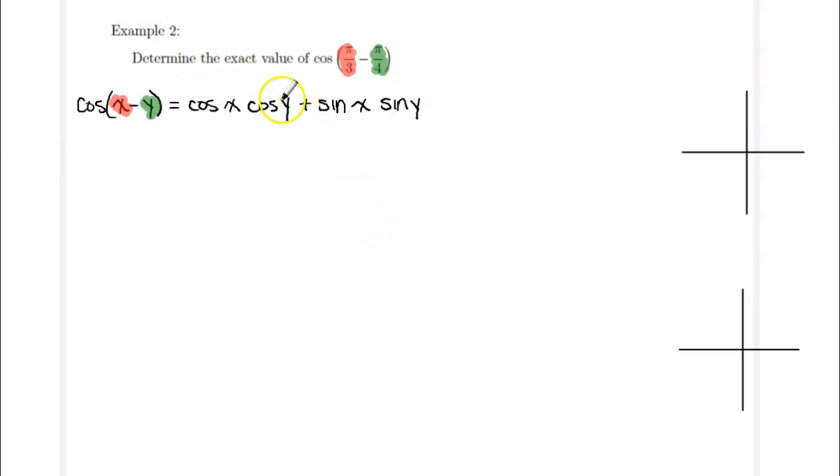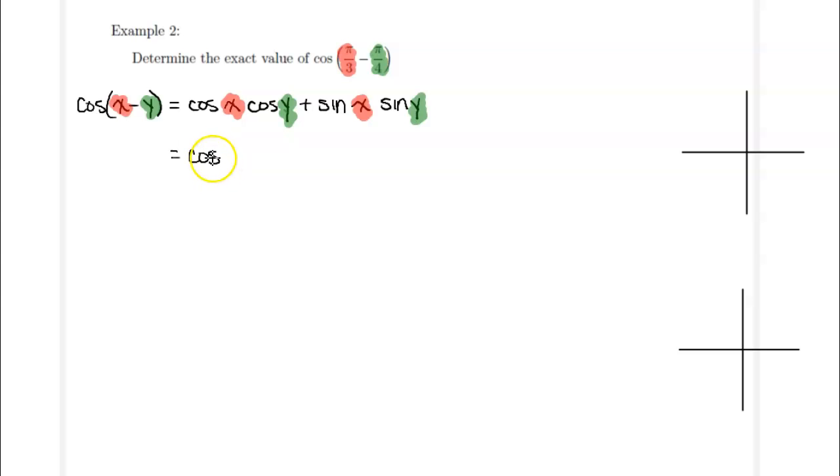And now I have all of my y's and my x's for me to put both my pi over 3 in for x and my pi over 4 in for y. So let's do that here.